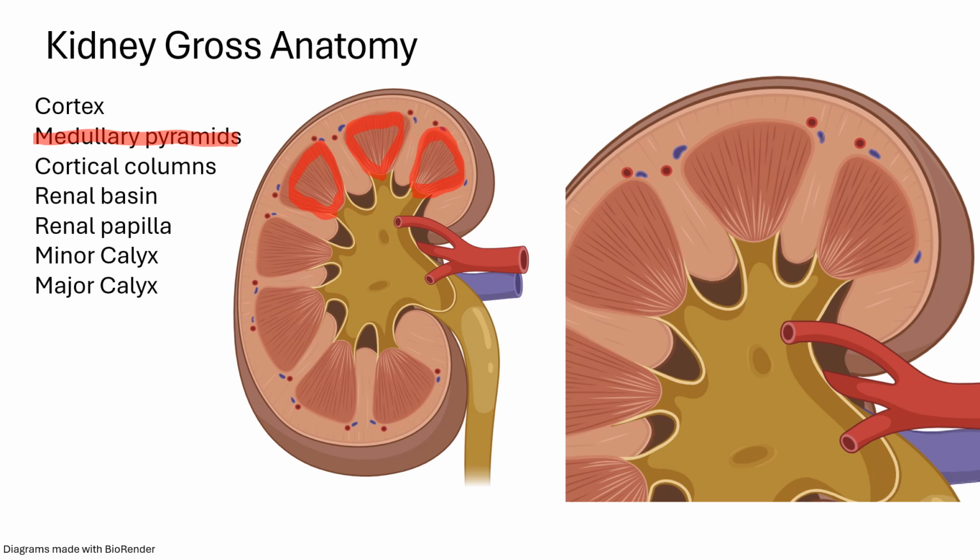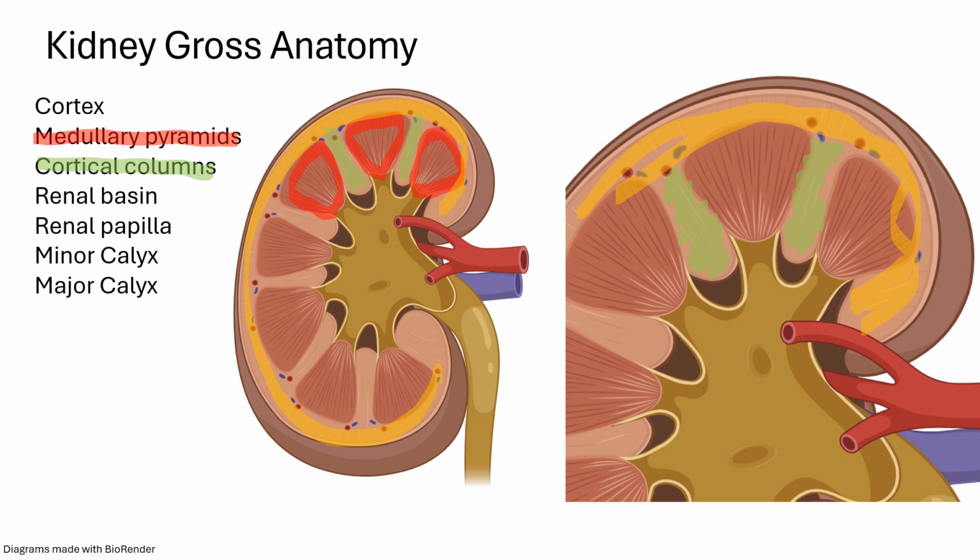The cortex of the kidney is this portion that runs along the outside of the kidney. So it's this big portion here. But the cortex has these cortical columns that dip down in between the medullary pyramids. And these would technically be made of cortical tissue, which is a little bit different than the tissue in the medullary pyramids.